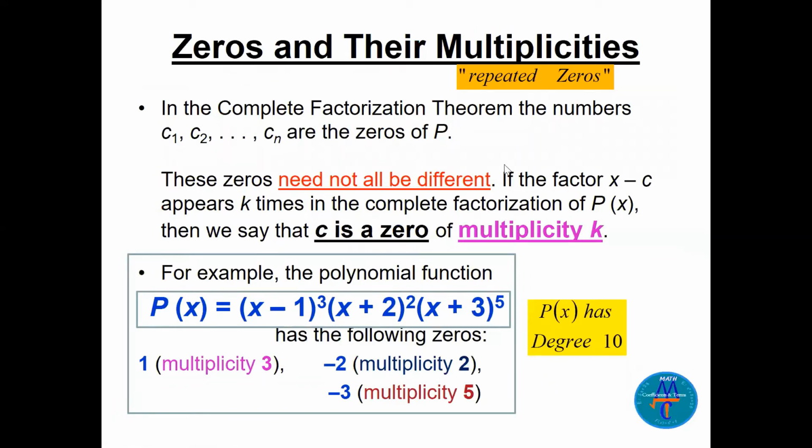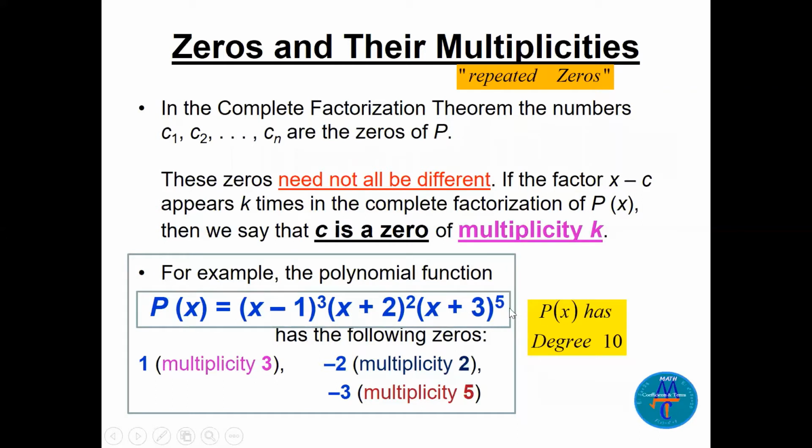Now some zeros are repeated. We have mentioned this before. c is a zero of multiplicity k, which means this zero is repeated k times. So if you look at this example, p of x, polynomial function, x minus 1 cubed, x plus 2 squared, x plus 3 all to the power 5.